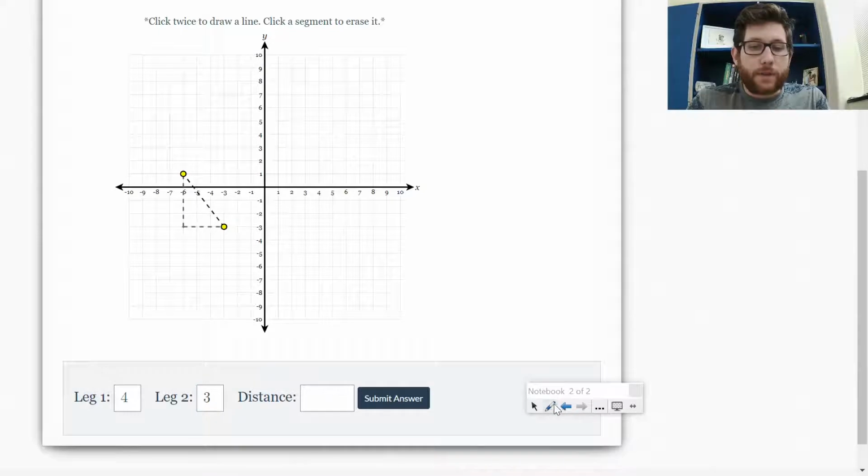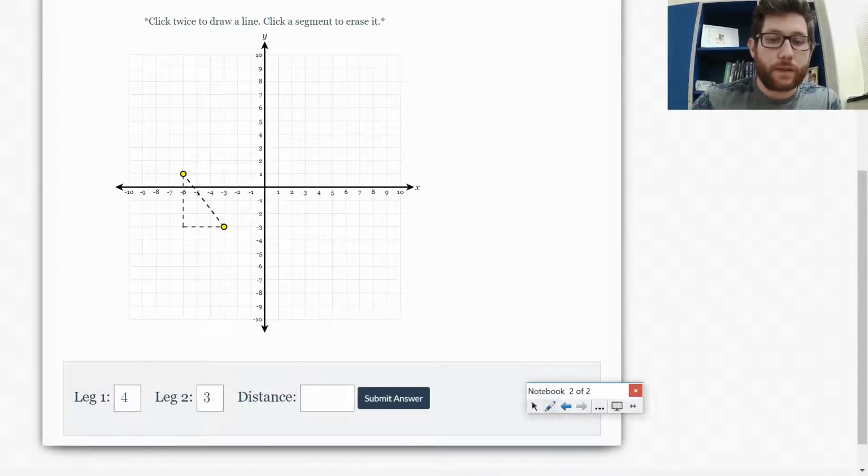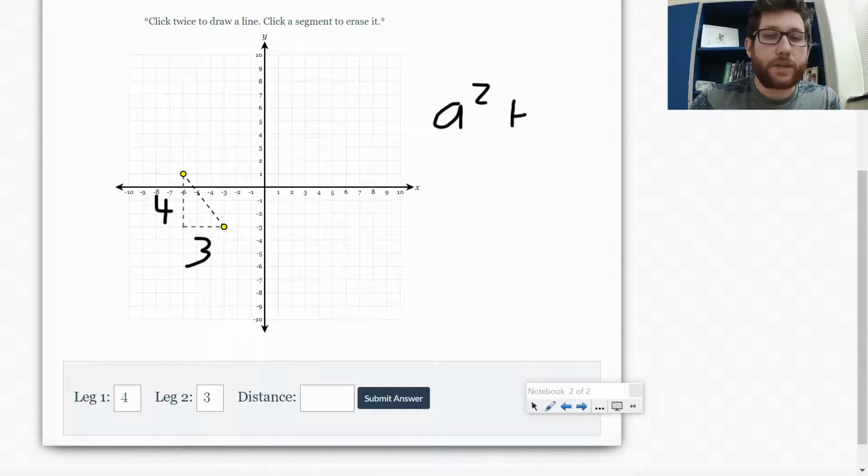All right, so now I'm going to go ahead and do Pythagorean theorem. So let's do that here. Remember, if this side is 4, and that side is 3, what I'm doing is a squared plus b squared is equal to c squared.